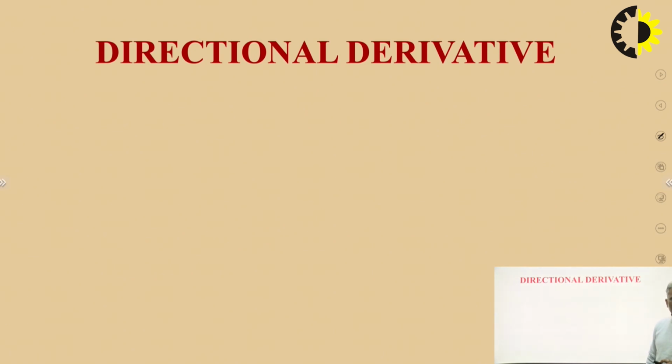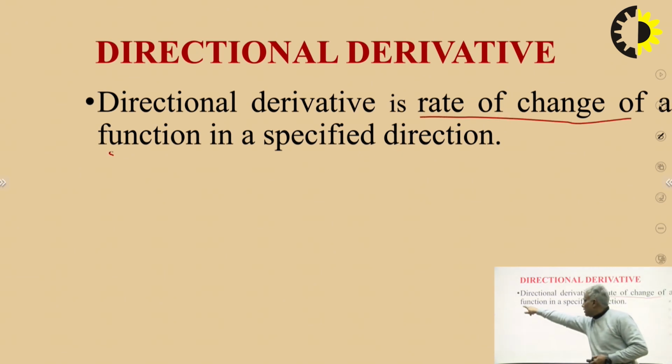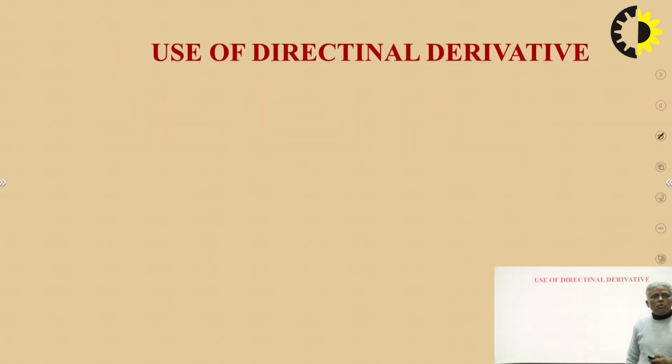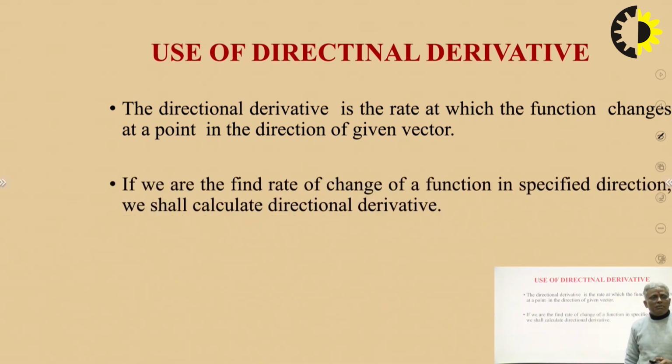Another definition of the directional derivative is the rate of change of a function in the specified direction. Use of the directional derivative in engineering and technology: the directional derivative is the rate at which the function changes at a point in the direction of a given vector.